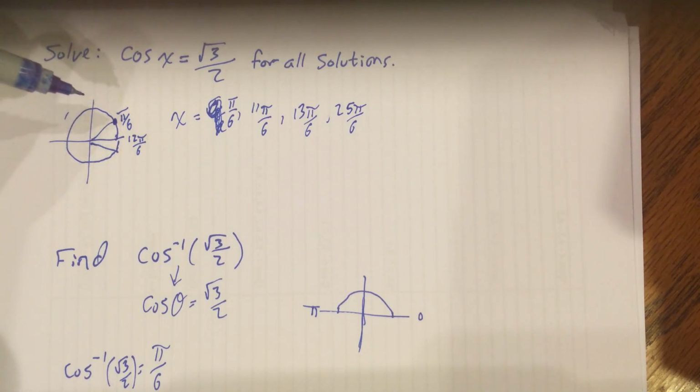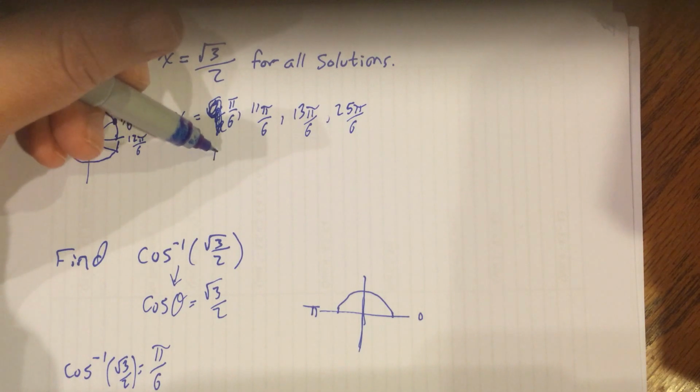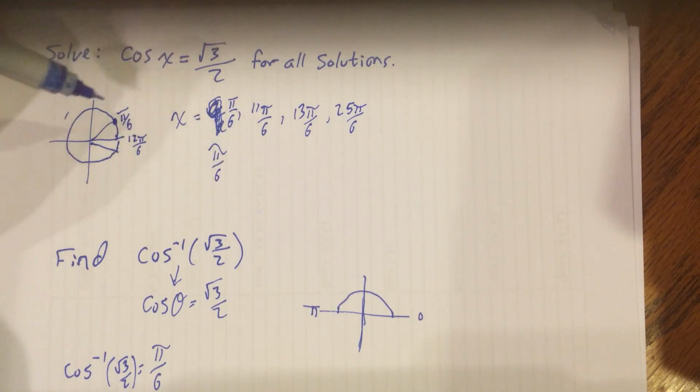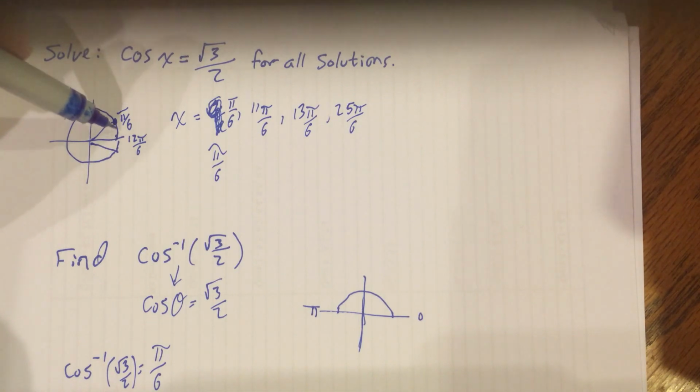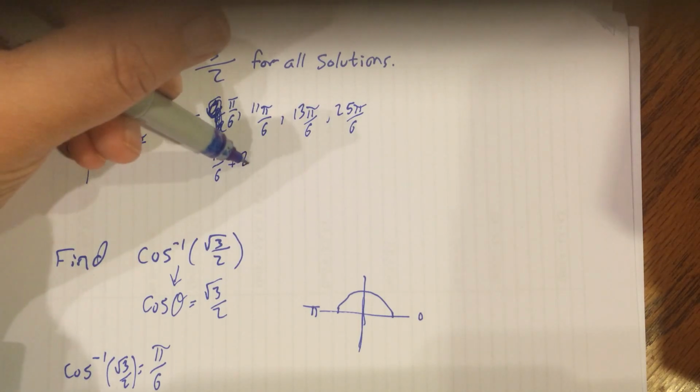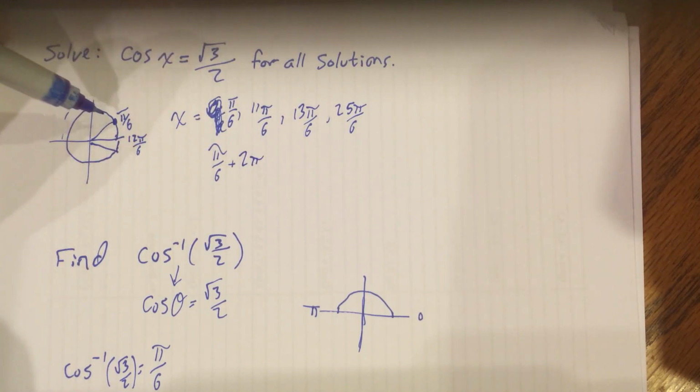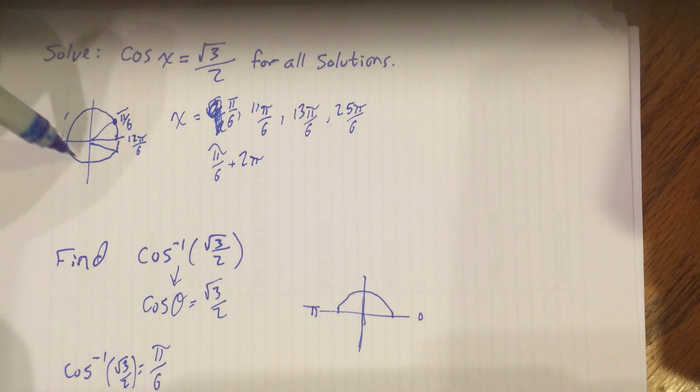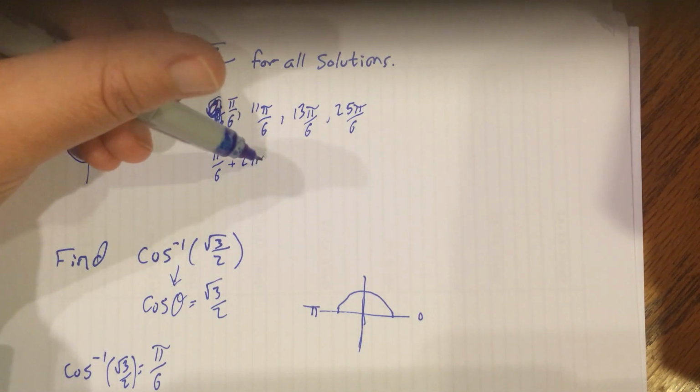So when we have all solutions, we actually just look for the two that are in our first section of the unit circle, meaning one period, so in between 0 and 2 pi. And then we say, okay, pi over 6, and if I went around a circle, I would get back there. The circle's 2 pi. If I went around a circle again, I'd get back there, so we'd add on another 2 pi.